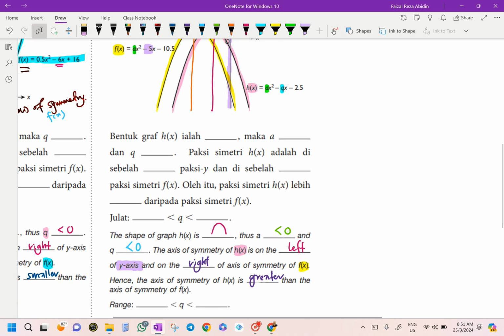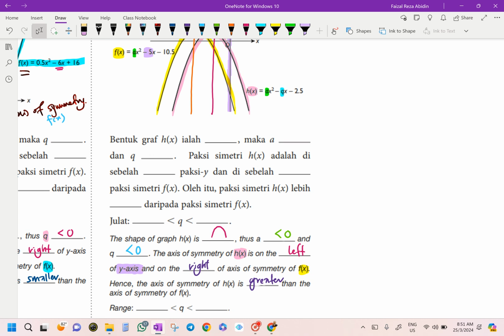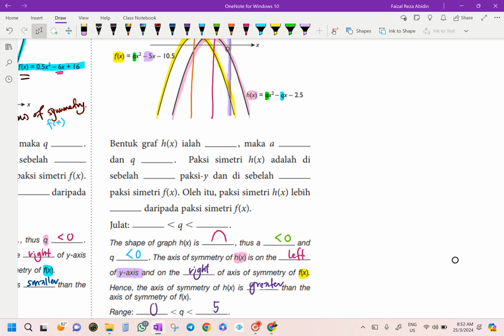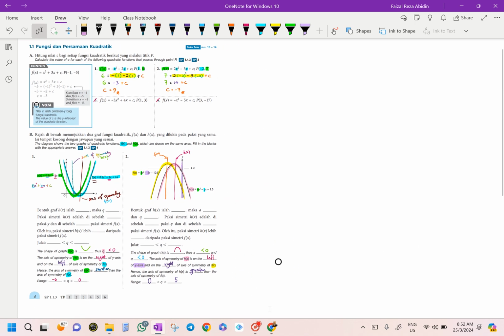It's going to be more than 0 and then less than 5. Because they want negative Q with negative 5. So Q is going to be less than 5, sorry. Okay. This is going to be for B in page 4.